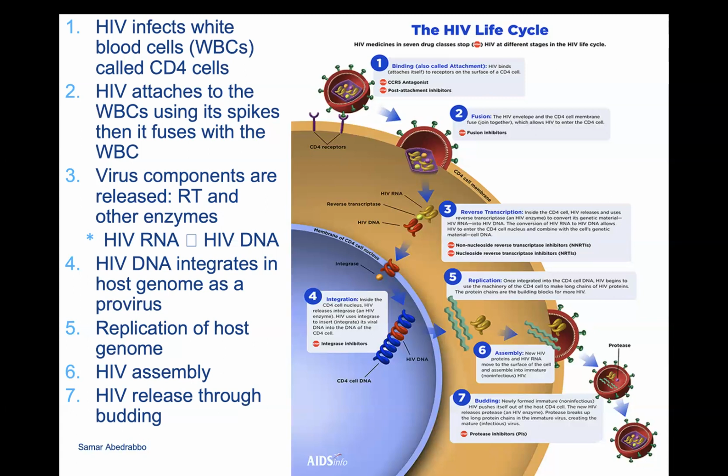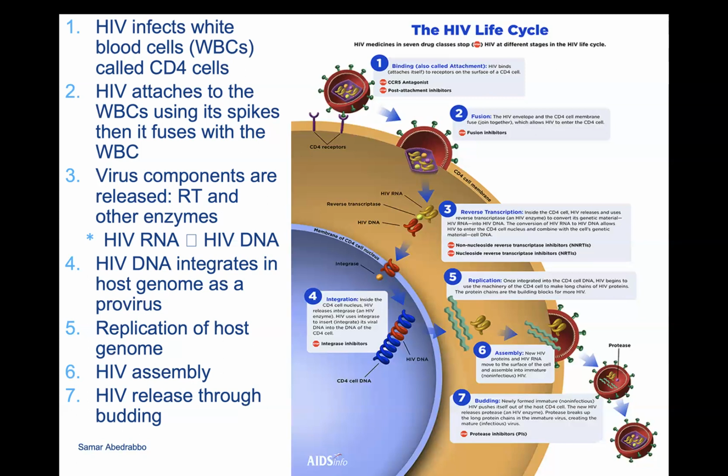The host cell's machinery then will begin making HIV viral RNA and proteins, and then all those new viral proteins will get put together and they will bud out from the cell. And in this process, they will acquire an envelope, a lipid bilayer from our cell's membrane. And this process, unfortunately, also destroys the host cell, so the white blood cells.